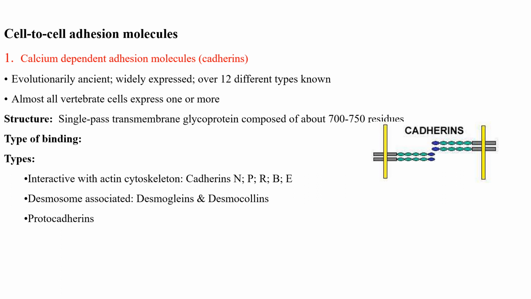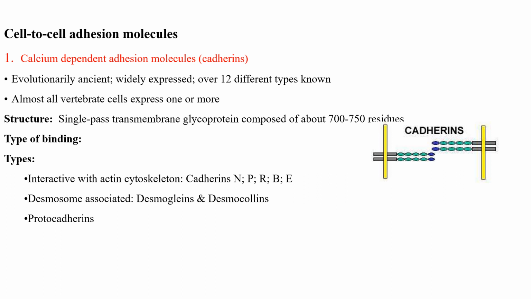Cadherins are transmembrane proteins that mediate the cell-to-cell adhesion in animals. It is evolutionarily very ancient and widely expressed, with over 12 different known types, and almost all vertebrate cells express one or more of these cadherins.